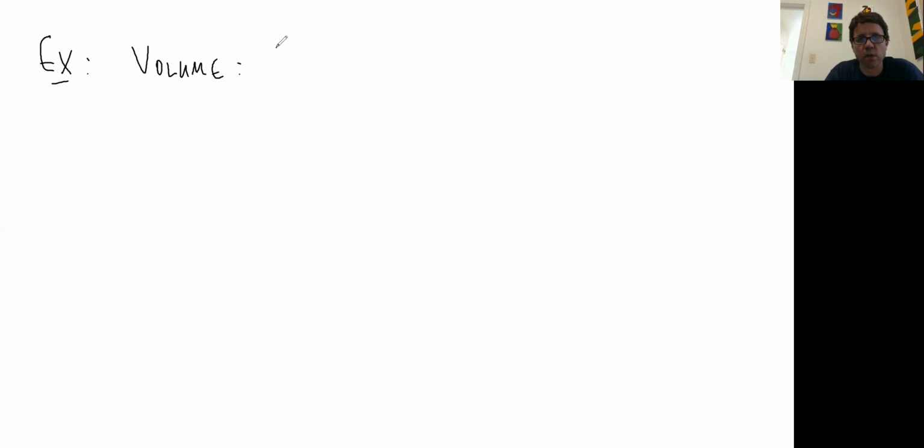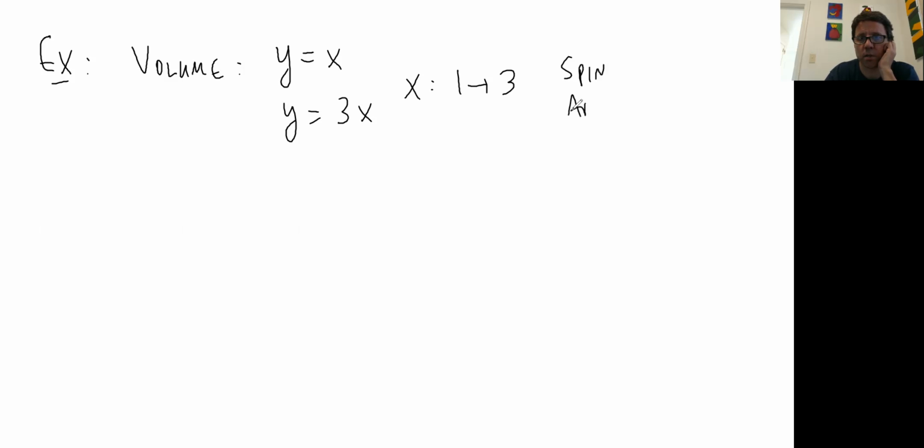taking these curves. So take y equals x, y equals 3x, and for x from, let's just say, from 1 to 3, and then spin it around the x-axis.